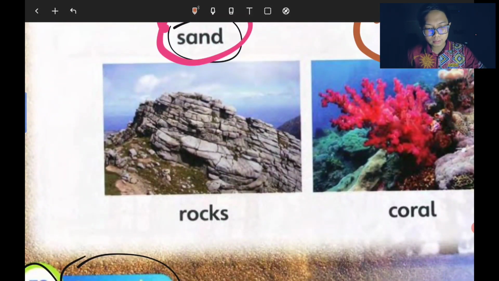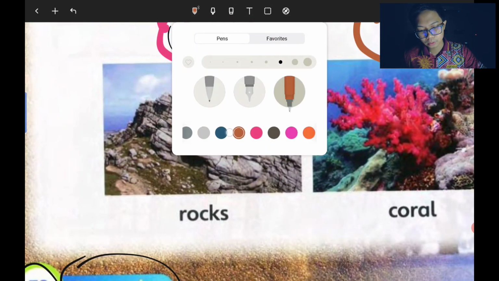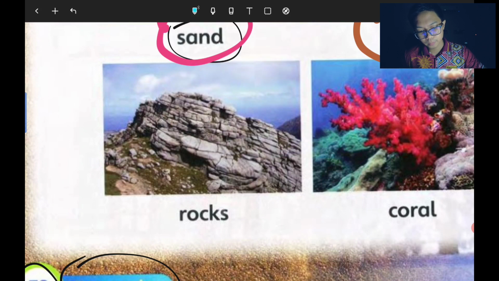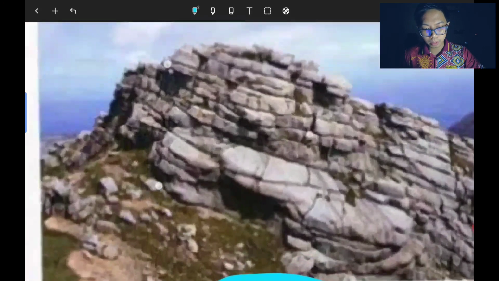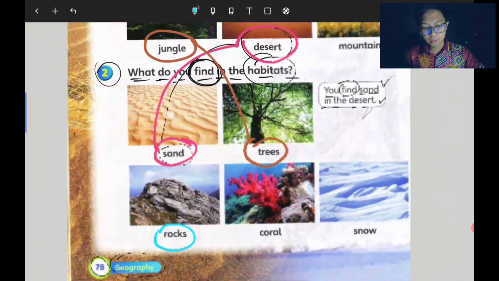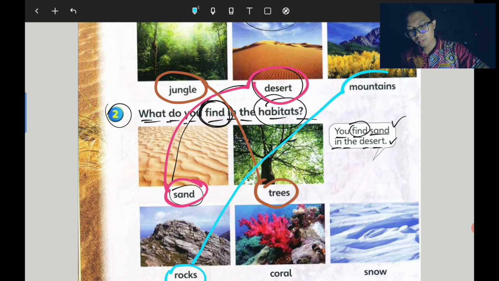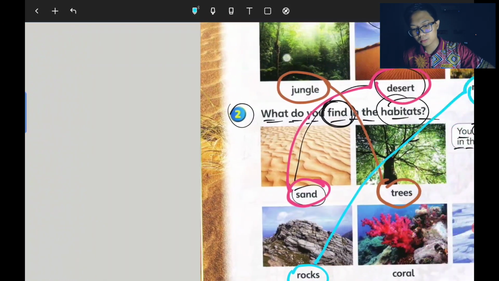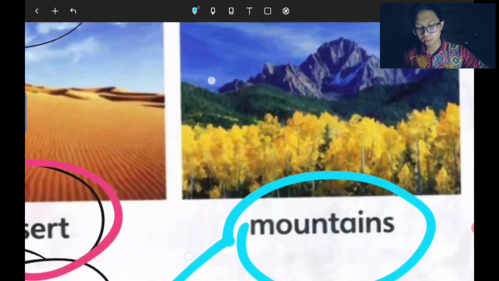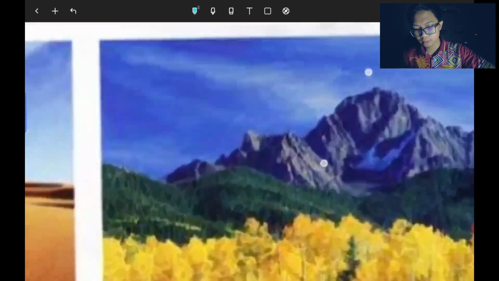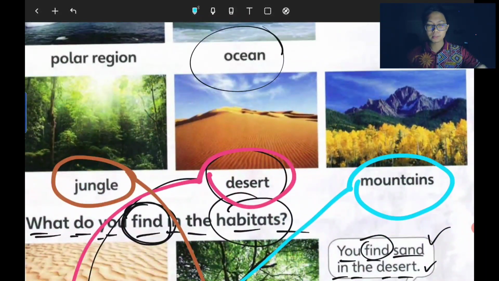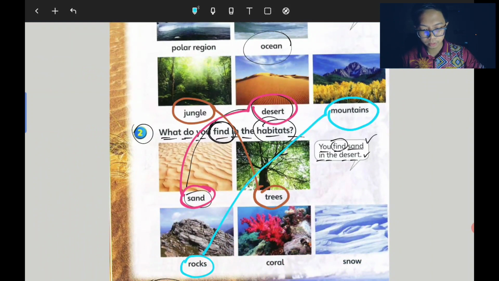I just told you about this one. Cikgu baru saja cakap pasal ni. You find rocks. Kamu boleh jumpa batu-batu ini in the mountains. Okay, di kawasan Gunung Ganang. Over there. Alright? So that's the third one.